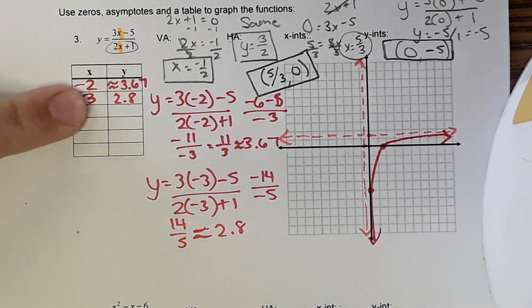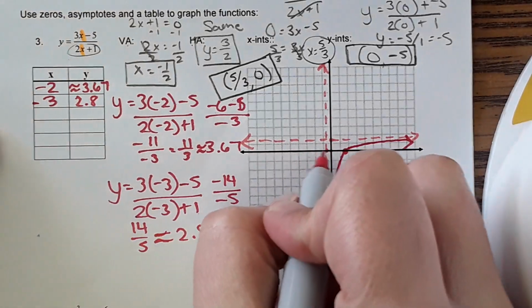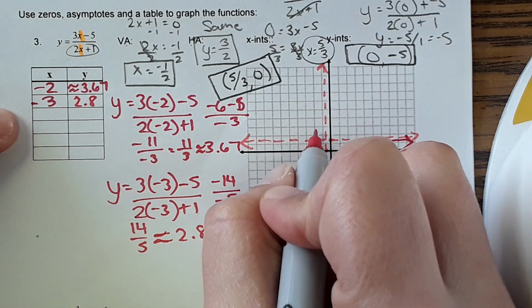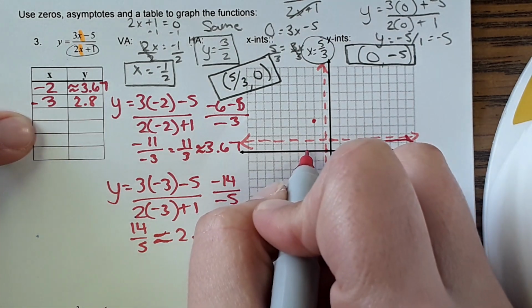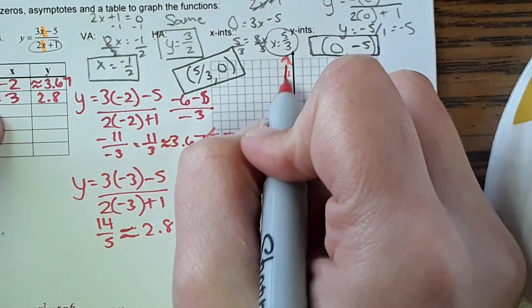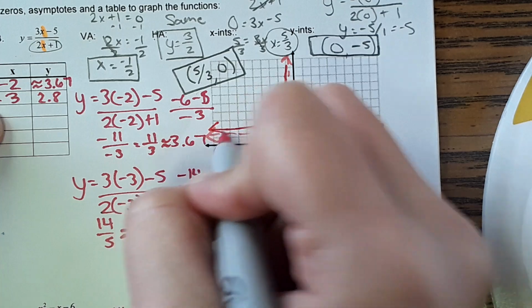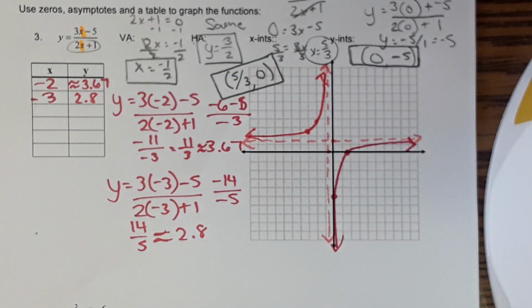Then using these coordinates, I'm going to plot some points on the graph. Okay, there we go.